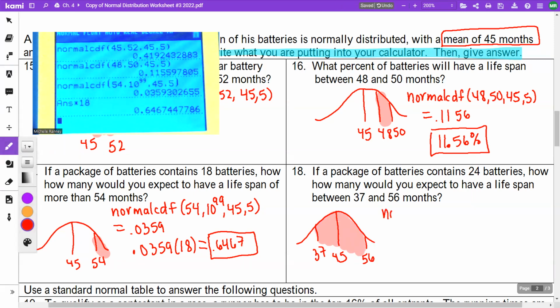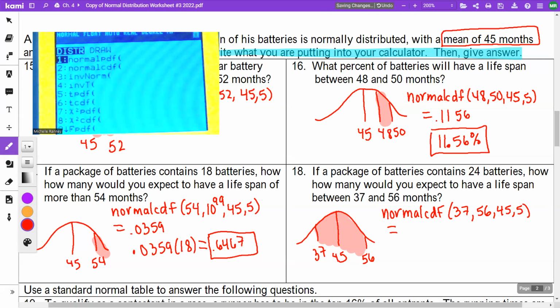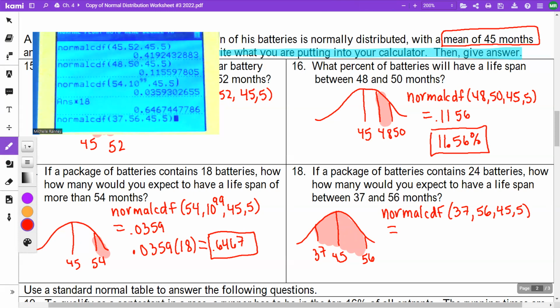And so the normal CDF, 37, 56, mean is 45, standard deviation is 5. Okay, so let me just put this in, 37, 56, 45, 5.